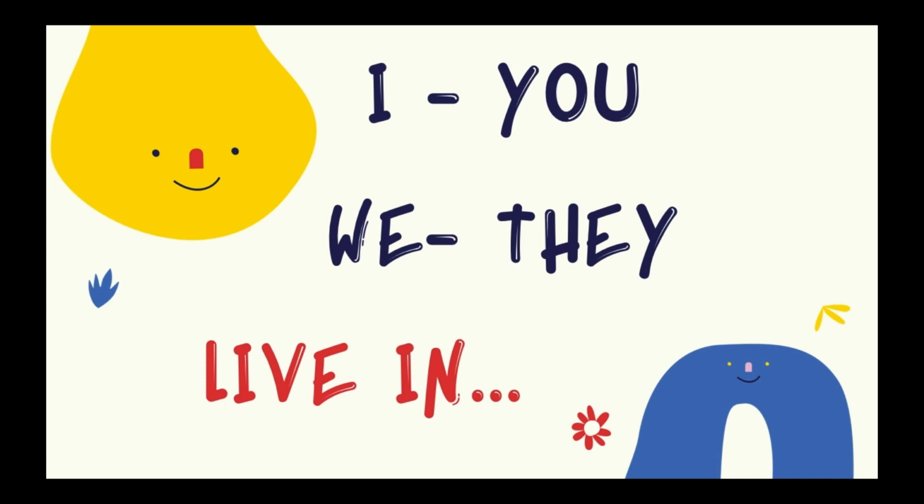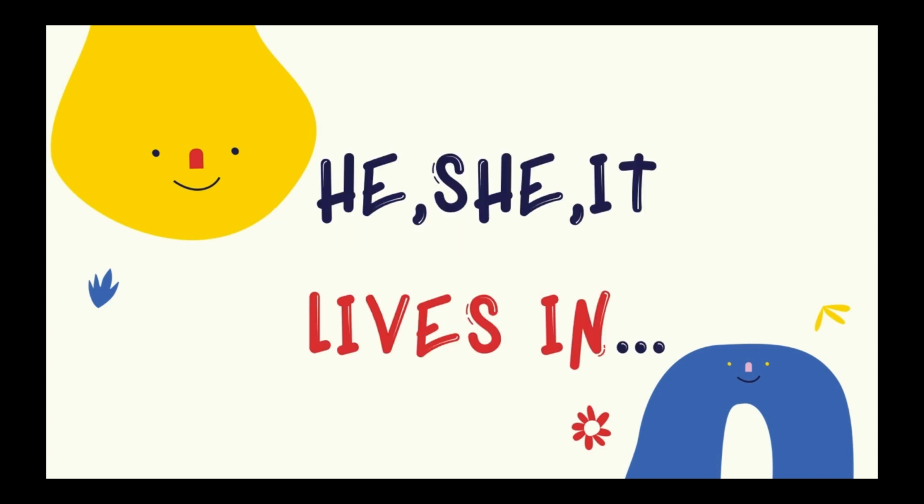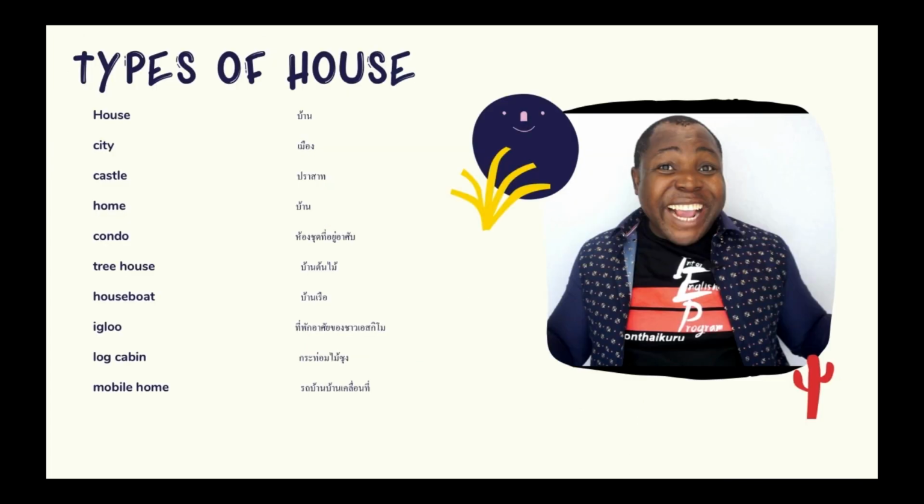We live in a house. Or we can simply say, I live in a house. Or we can simply say, he lives in a condo. She lives in a city. It lives in the village, right? That's very good. Clap for yourselves. You are a very good student.